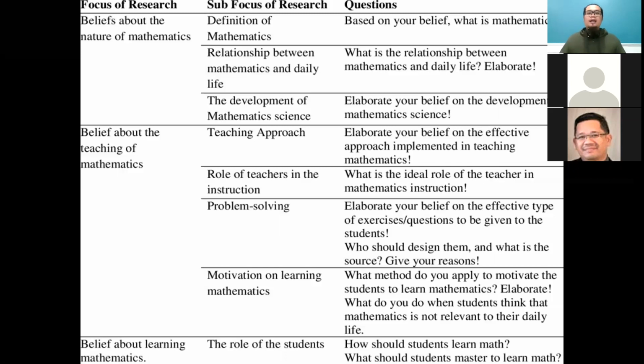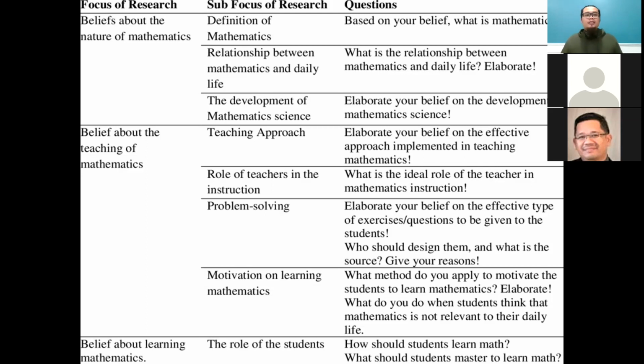So the question is, based on your belief, what is mathematics? Number two sub-focus is the relationship between mathematics and daily life. So the question: what is the relationship between mathematics and daily life? Elaborate. Number three, the sub-focus on research question number one is the belief on the development of mathematics science. Elaborate your belief on the development of mathematics science.